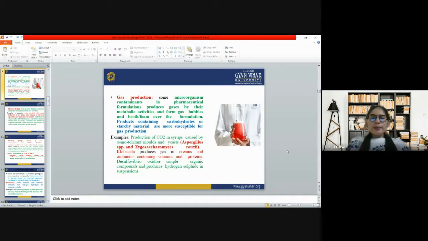For example, the production of CO2 in syrup caused by osmotolerant molds and yeast like Aspergillus species and Zygosaccharomyces species, and Clostridium species that produce gas in creams and ointments containing vitamins and proteins. Desulfovibrio species, sulfur-reducing organisms, also produce hydrogen sulfide in suspensions.